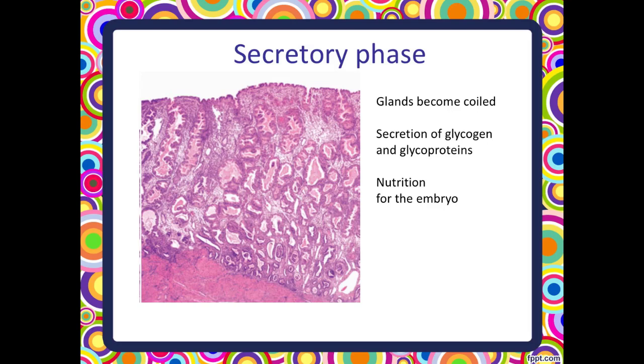This is the transformation with the enlargement of these cells, and they start to accumulate glycogen and proteins within their cytoplasm. This is called the predecidual reaction, which then proceeds after the fertilization and after the implantation as the decidual reaction.